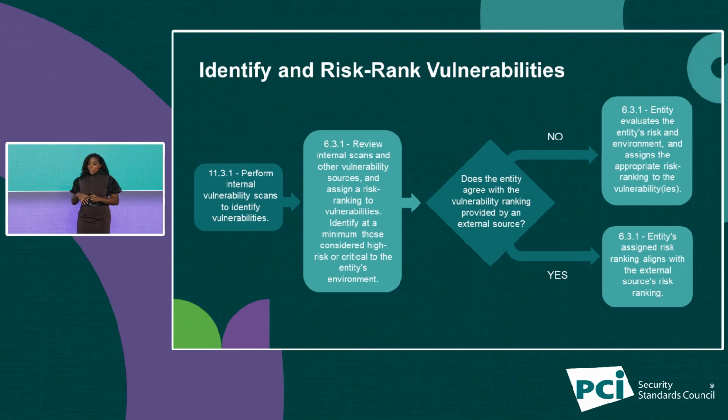Then you assign risk ranking at a minimum that's identifying high risk or what's critical for your environment. You can use external rankings if you agree that they work for your organization. If not, you can assign your own risk ranking using some asset criticality, threat information, or business impact analyses. Either way, you now have your risk ranking.